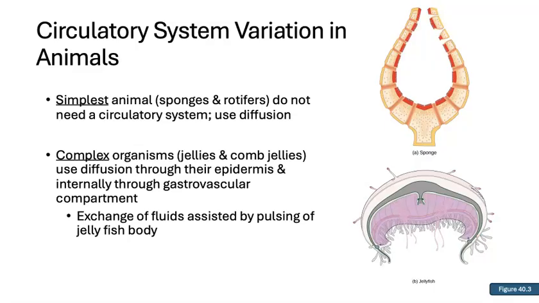Then we have our complex organisms, such as our jellies and our comb jellies, that use diffusion through their epidermis, meaning their skin, and internally through their gastrovascular compartment. And they get an exchange of fluids that's assisted by them pulsing through the water.